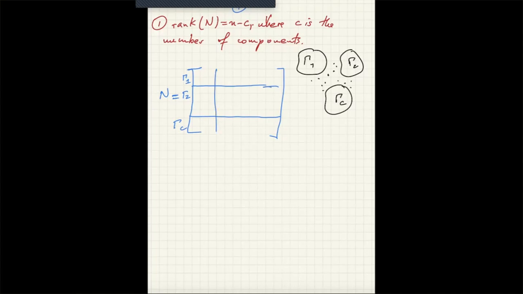Then I can permute them such that here I have the vertex set of gamma 1, the vertex set of gamma 2, the vertex set of gamma C. And then I can put the edges of gamma 1 first, then the edges of gamma 2 second, and all the way to the edges of gamma C at the end, okay?